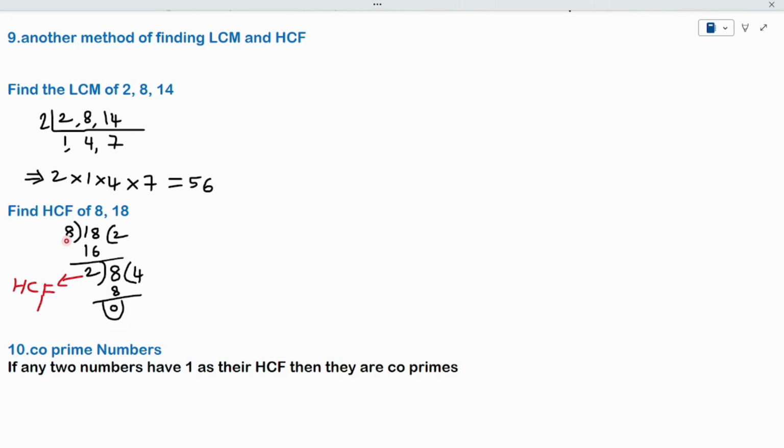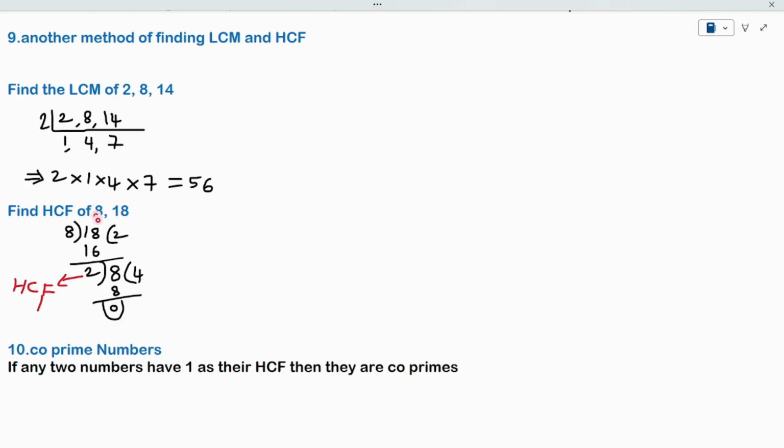Another method is for finding the HCF of 8 and 18. We need to divide the large number by the small number. Here the small number is 8 and the large number is 18. Dividing 18 by 8, 8 twos are 16, and the remainder is 2. Now the remainder becomes the divisor. 2 fours are 8, and I got remainder 0.